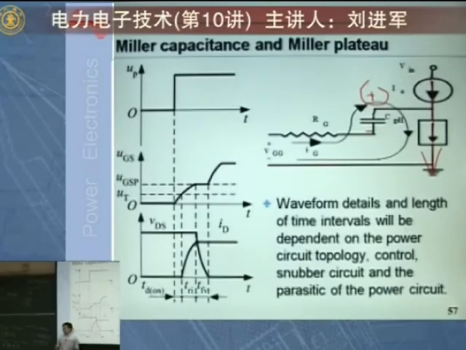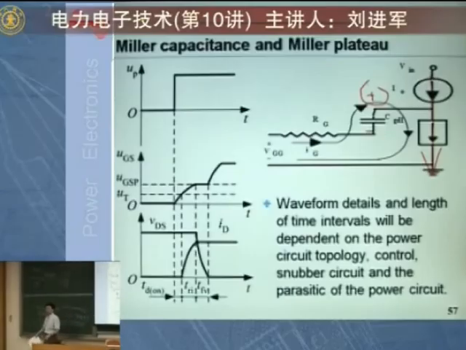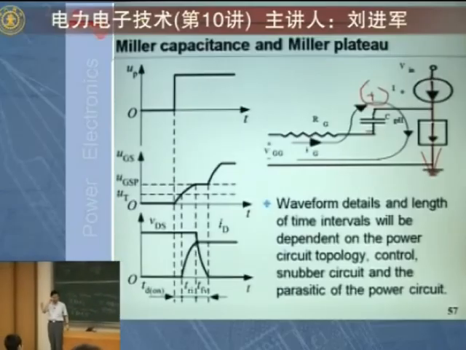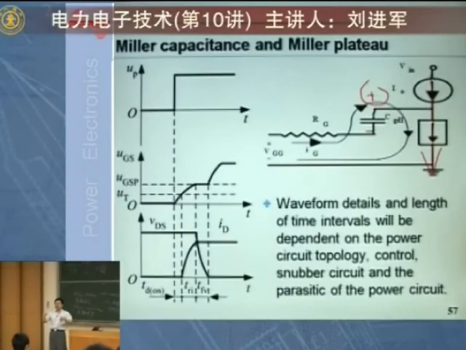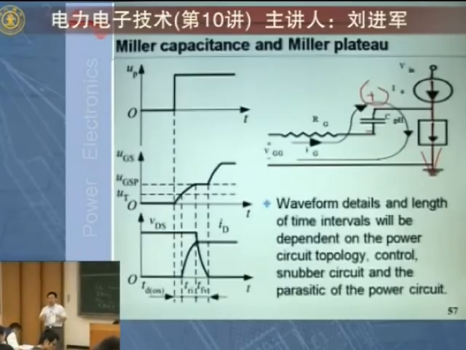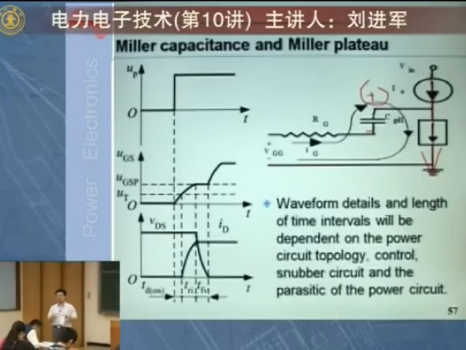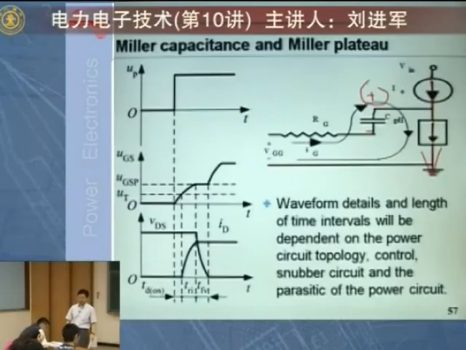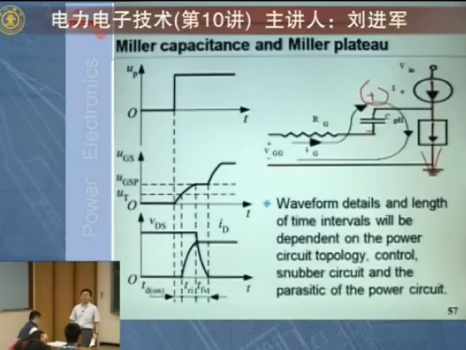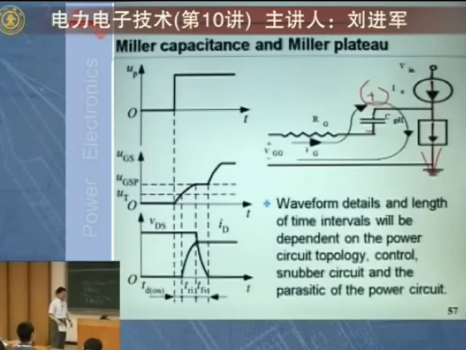That is a very special process for MOSFET. So in the future, during the lab training, you can take some time to look at the gate and source voltage for a MOSFET. You can notice there is always this Miller plateau because of Miller capacitance.